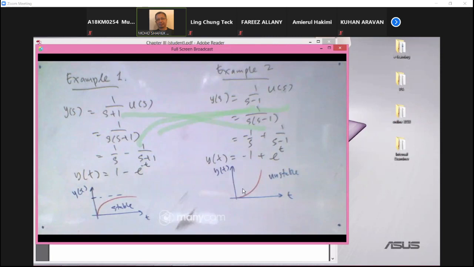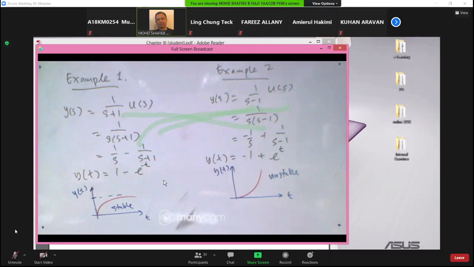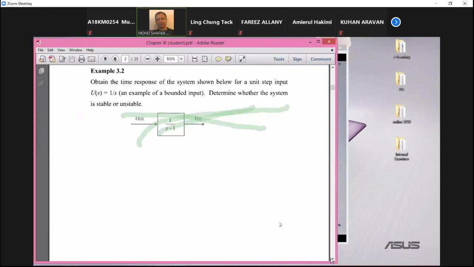Oh, okay, the discussion will come in later. So we will be looking for a positive root. If there exists a positive root of the denominator, then we can safely say that the system becomes unstable. So in general, we can discuss in general terms what stability means.